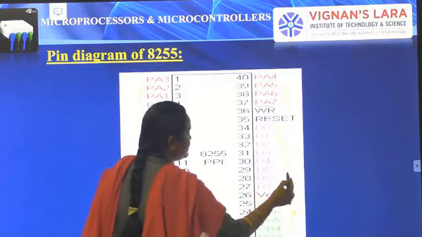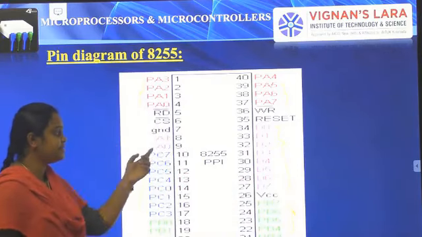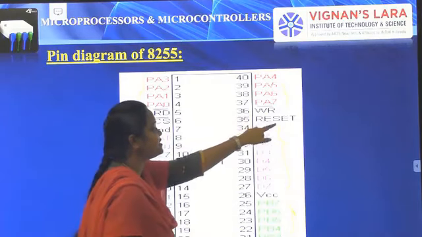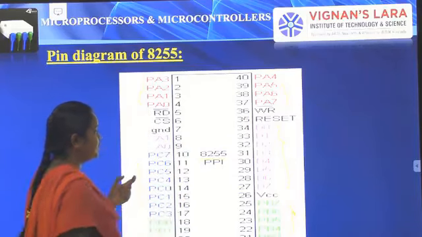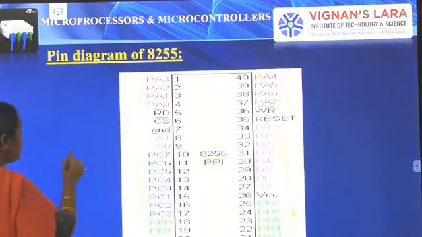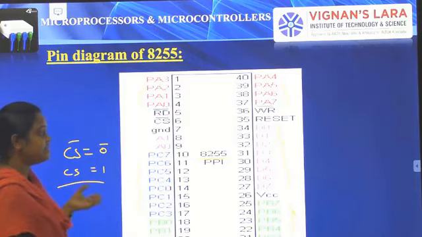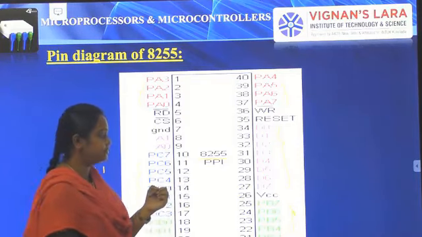The data pins D0 to D7 carry the data information, and the address is carried by pins 8 and 9. These are the read and write pins, and the reset for resetting the registers present in the 8255 controller, and the CS bar. Whenever CS bar is 0, that means the chip is selected, and the 8255 is in operation.